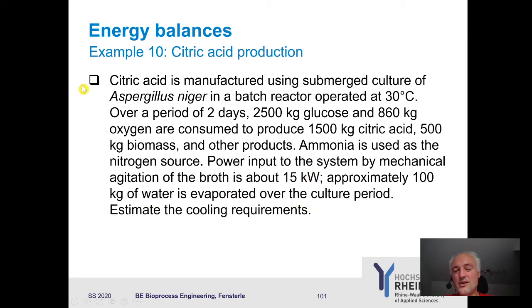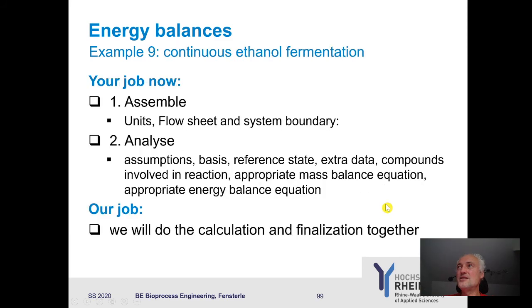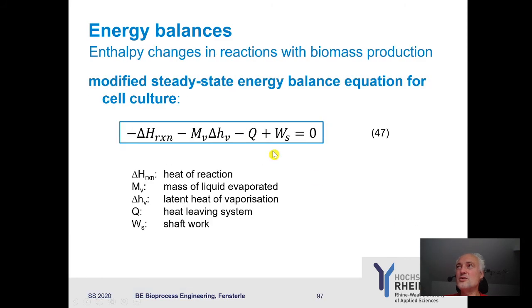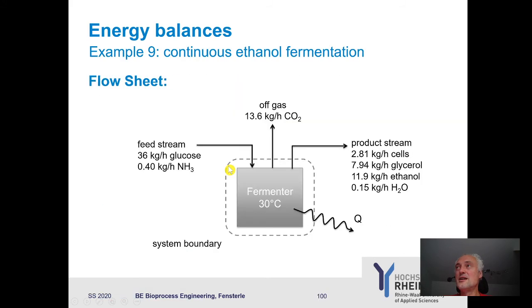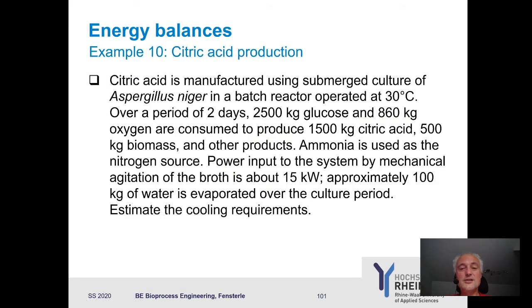So you have all information here to be put into this equation. So you want to know the standard heat of reaction. You want to know the latent heat. You have the amount of water which is vaporized. So this is relevant. Of course, you want to know the cooling requirements, and you have a stirrer work. So you have everything, and this is then the thing you need to calculate.